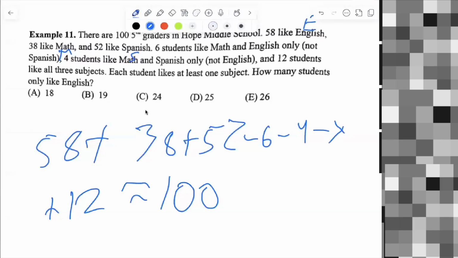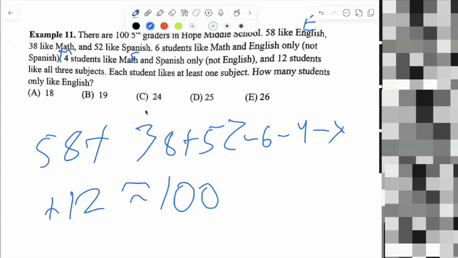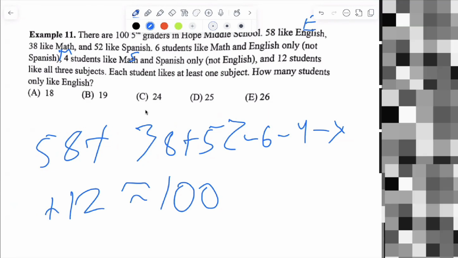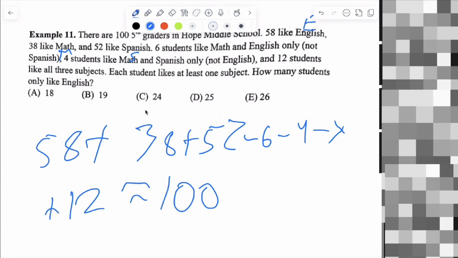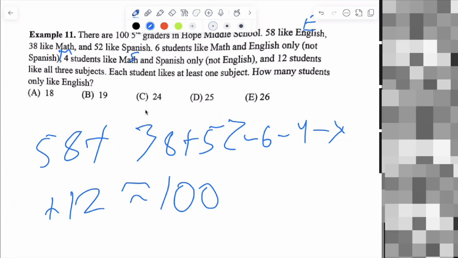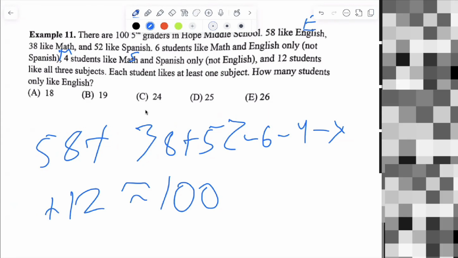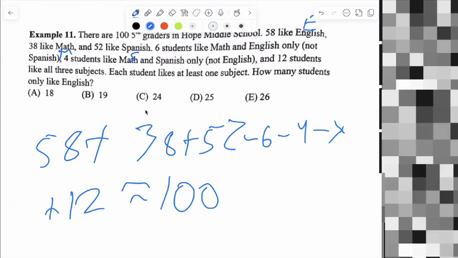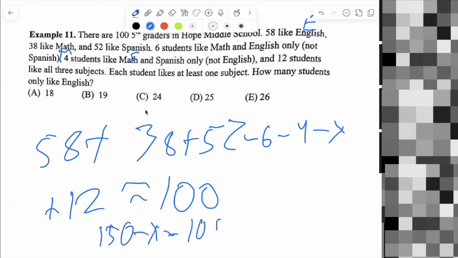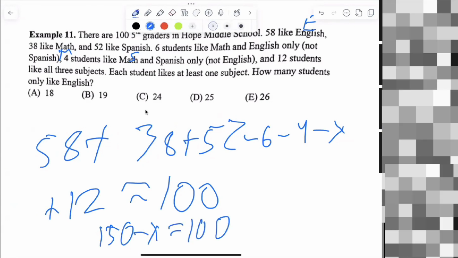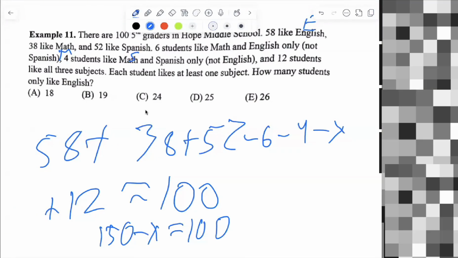So doing your adding and subtracting, we find the left-hand side is going to be 150. So you get 150 minus x is equal to 100. So we get x is 50.